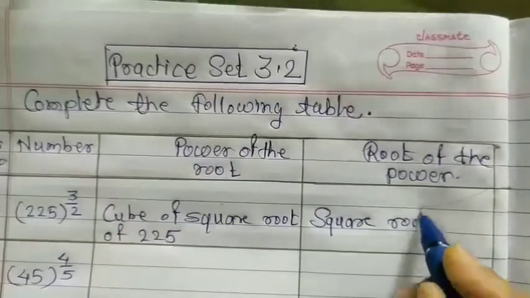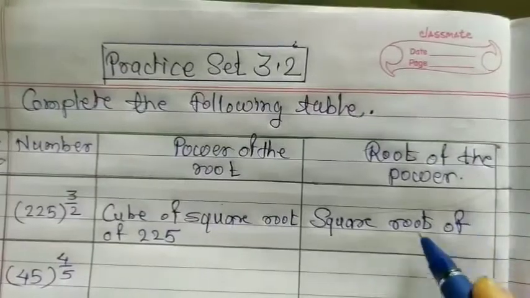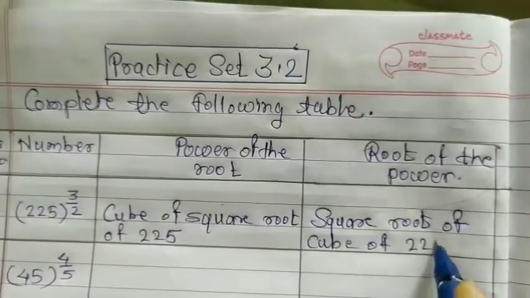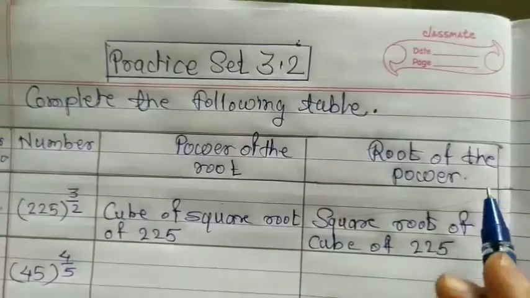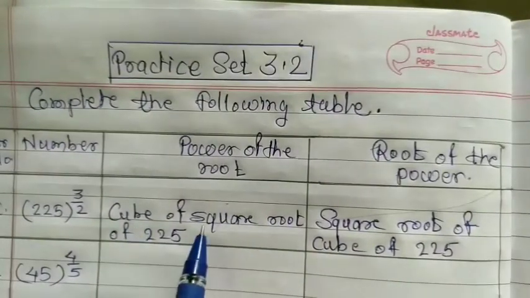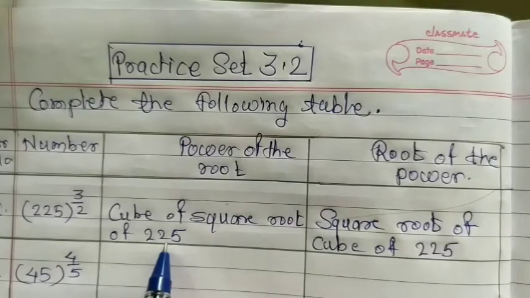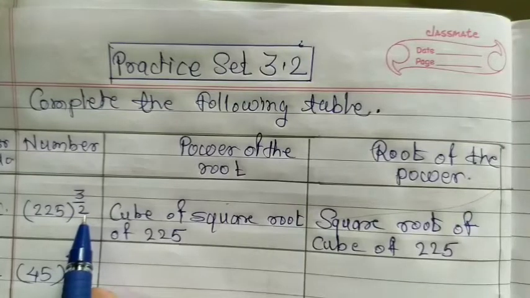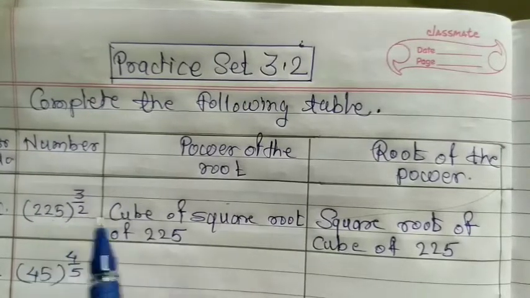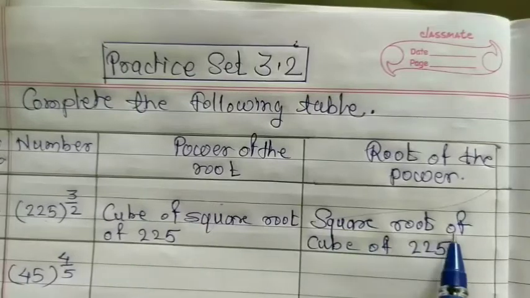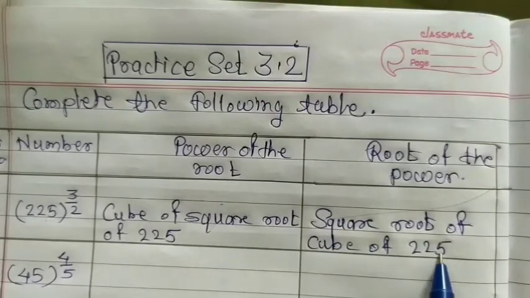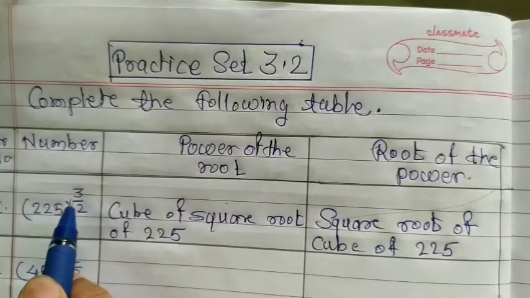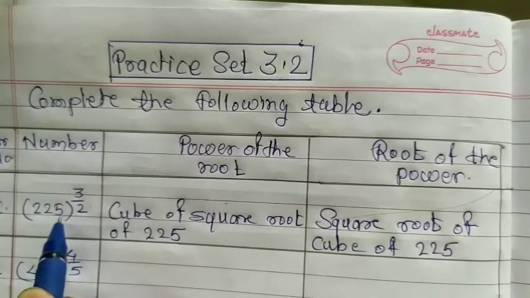Hence in the first, cube of square root of 225, and in the second, square root of cube of 225.